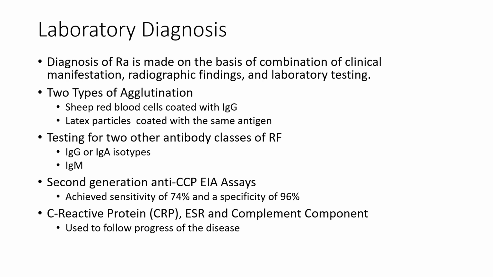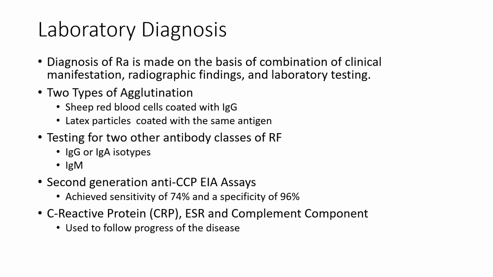There are two types of agglutination tests, which use sheep red blood cells coated with IgG and latex particles coated with the same antigen. Testing is also done for other antibody classes of RF, IgG or IgA isotypes and IgM. Then the second generation anti-CCP EIA assay, which achieves sensitivity of 74% with a specificity of 96%, is used.